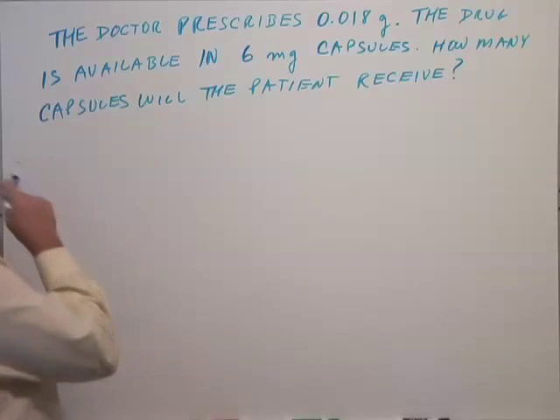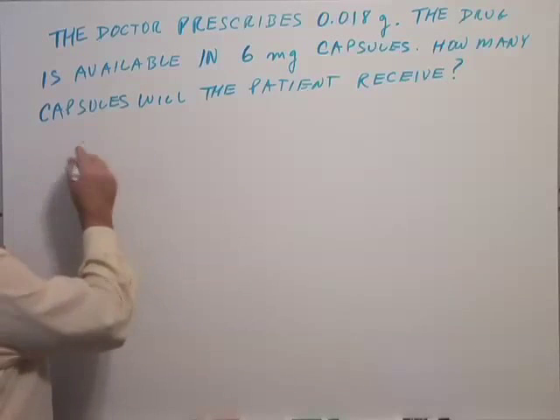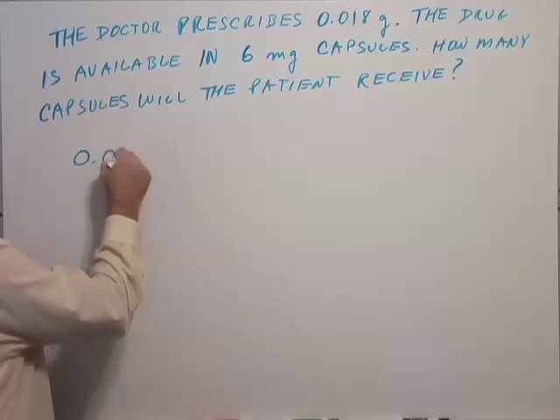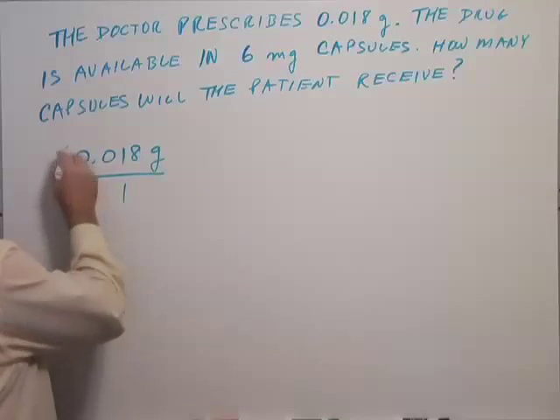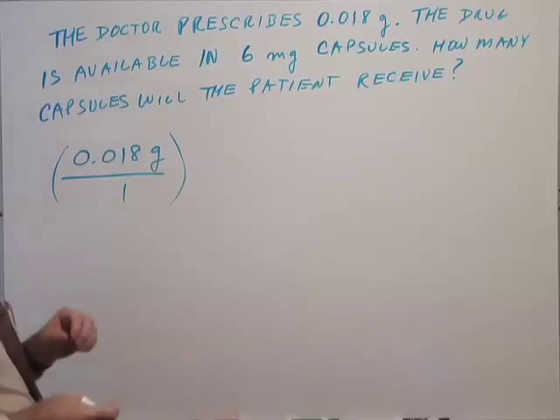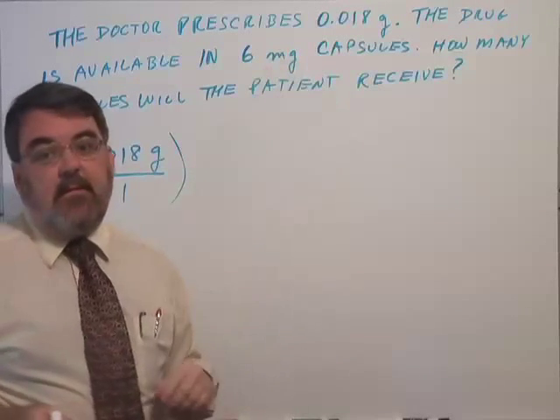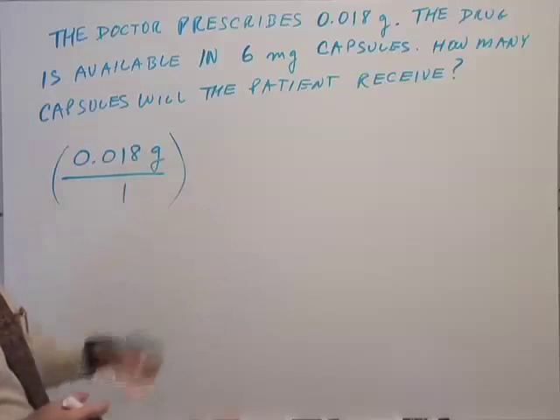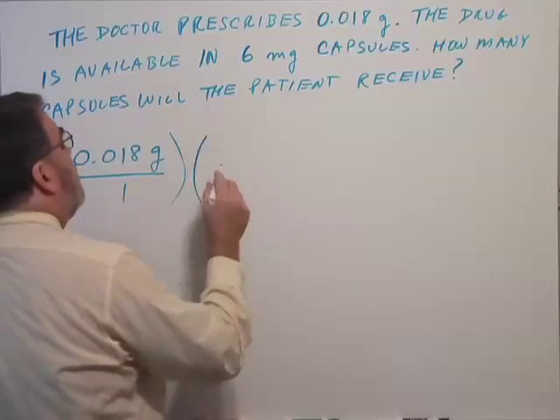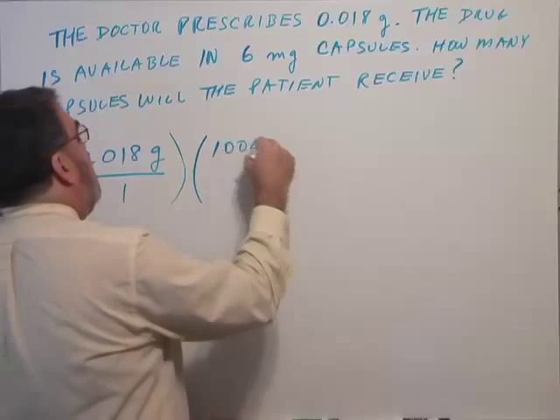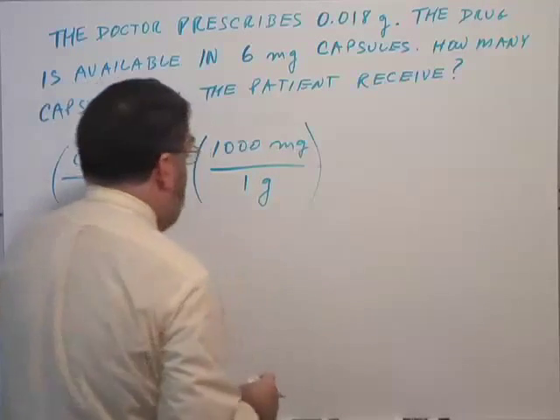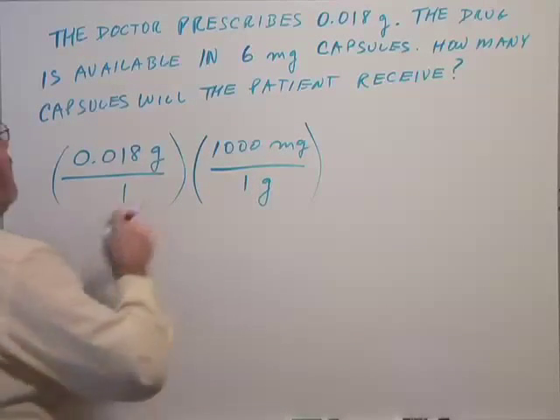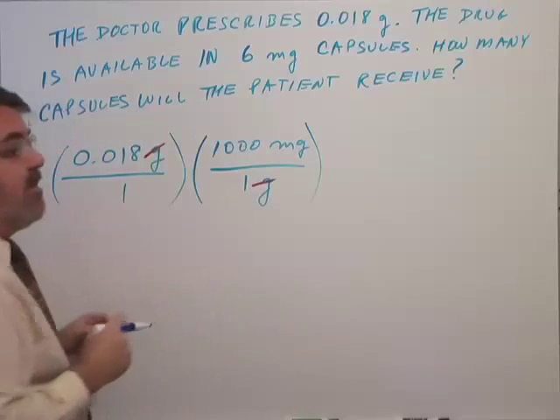Alright, so the prescription is 0.018 grams, and the capsules are measured in milligrams, so we're going to need to convert grams to milligrams. So we have 1,000 milligrams over 1 gram, and that allows us to cancel the grams units.